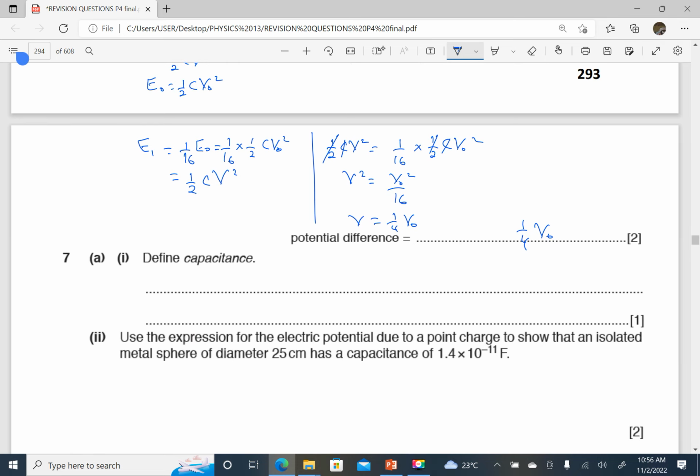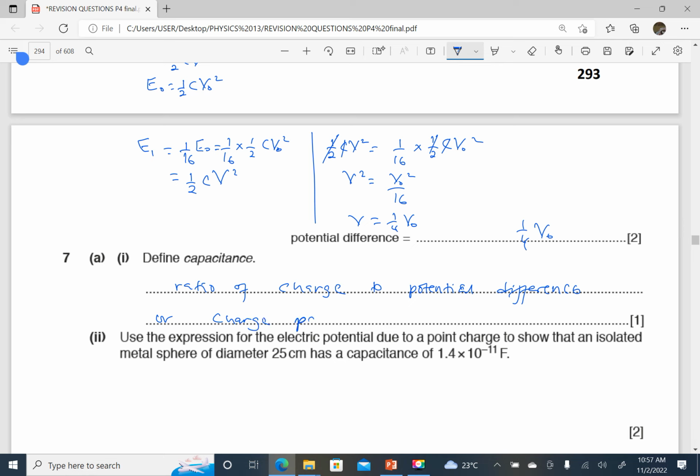Define capacitance. So this is simply the ratio of charge to potential difference. That is capacitance, the ratio of charge to potential difference, or you can say charge per unit PD.